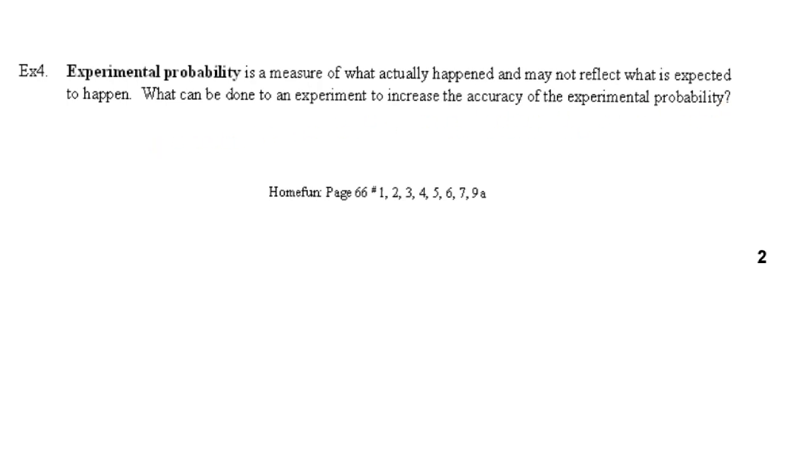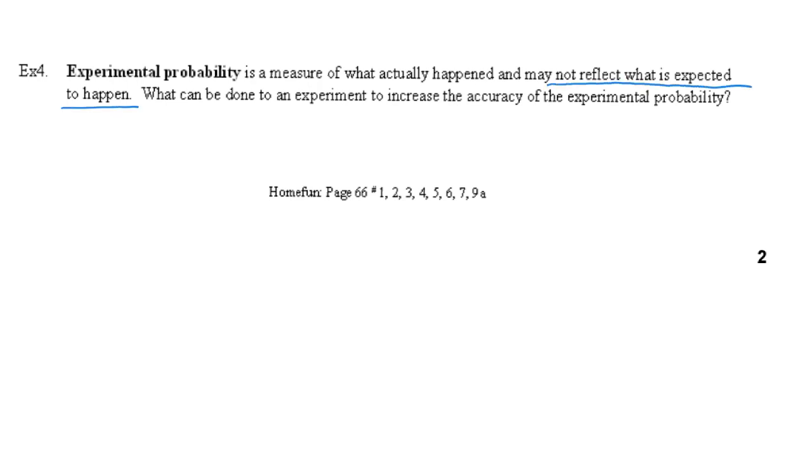So let's say I have a coin and I flip it twice. Maybe I flip it twice and I get 2 tails. You would expect it to be 1 heads and 1 tails, right? But you have to realize that it doesn't represent what's expected.